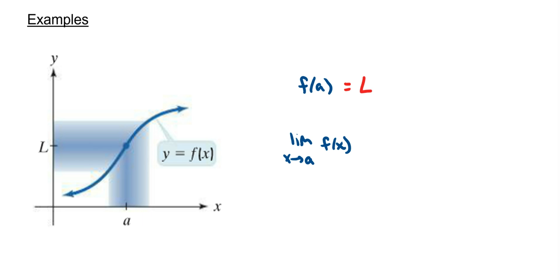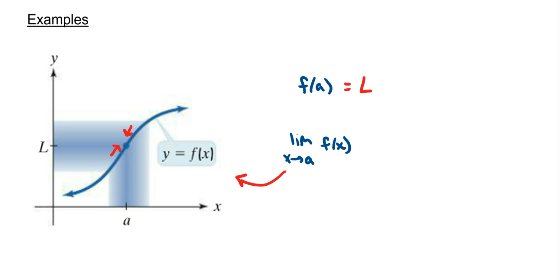Now for the limit, when we're evaluating the limit, we always have to incorporate motion from the left and motion from the right. We're going to find a, find where the curve is, but then you're going to ask yourself, what are the y values approaching? What is the curve getting closer to as you get closer to a from the left and closer to a from the right? So in this specific example, once again, this has to do with continuity, but we'll talk about that in a different section.